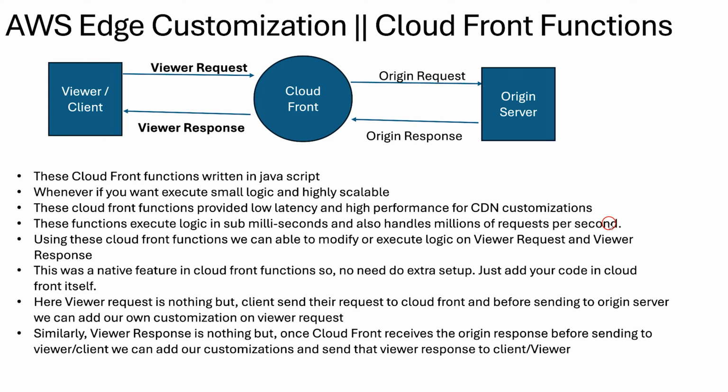If you observe, they execute the logic in sub-milliseconds because the logic is very small and written in plain vanilla JavaScript. Since it is very lightweight code, it will handle millions of requests per second.